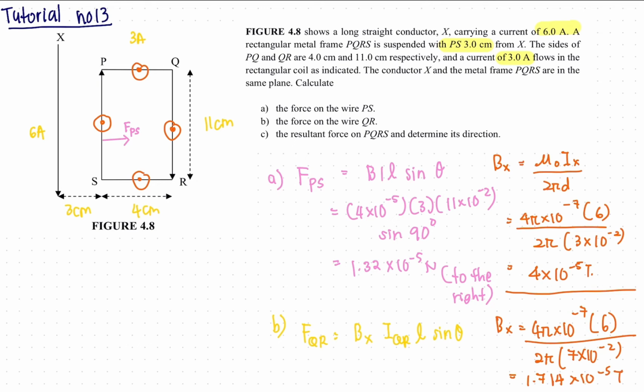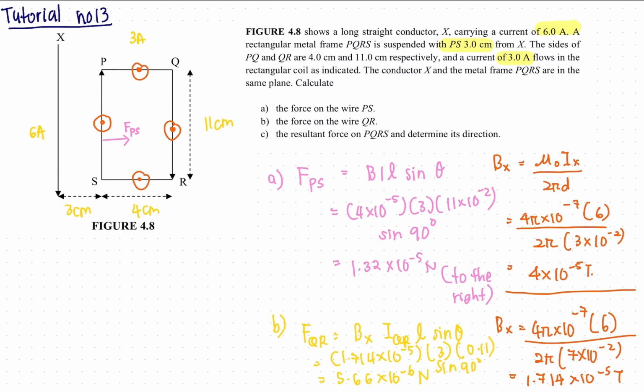So we substitute it back here. 1.714 × 10^-5, IQR is 3, length is 0.11, and theta is 90 so sin 90. So we are going to get FQR is 5.66 × 10^-6 Newton. And what direction is it going to be?